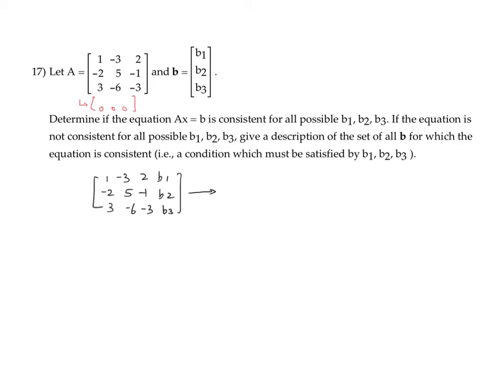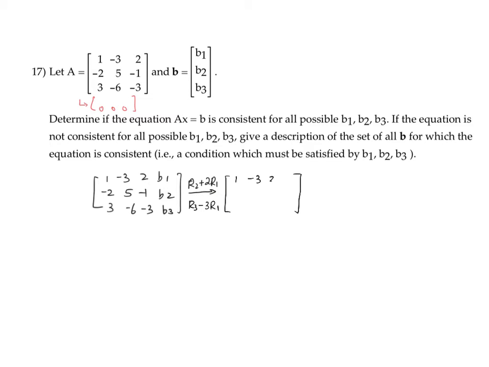So row 2 plus 2 row 1. Now for row 3, I will have to take this one minus 3 times this one, so R3 needs to be updated by R3 minus 3 times R1.